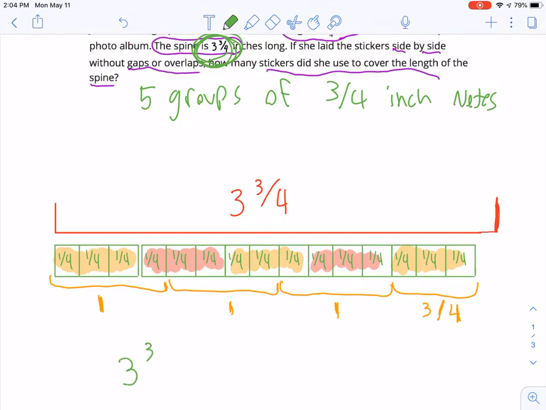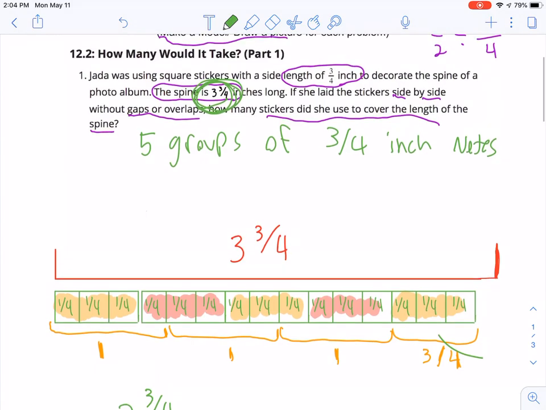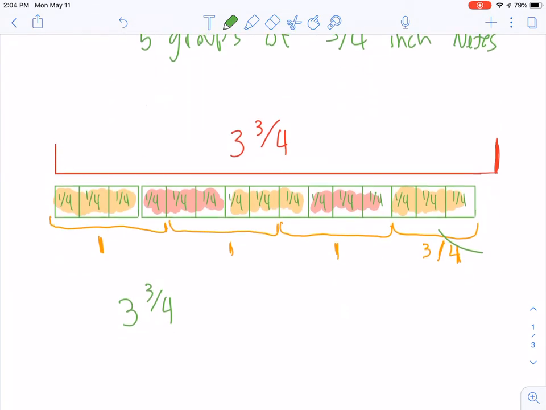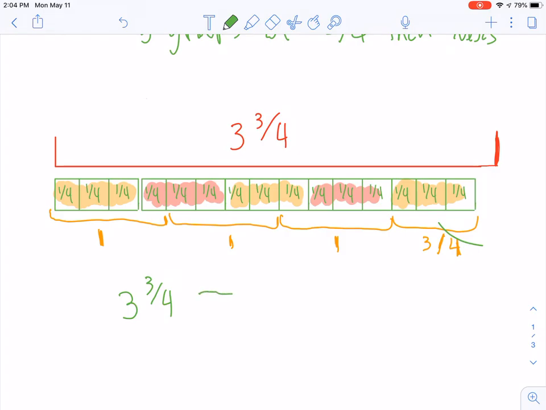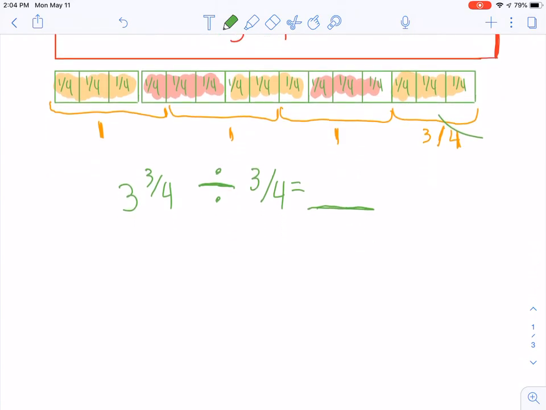So that's 3 3/4, and we are dividing that by what? Well, we are dividing it by groups of 3/4, okay? Groups of 3/4. And then we need to get our answer, our quotient. So equals what?